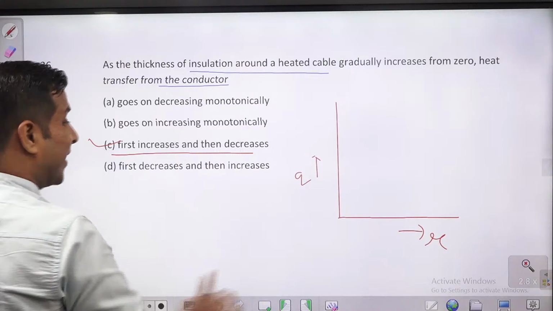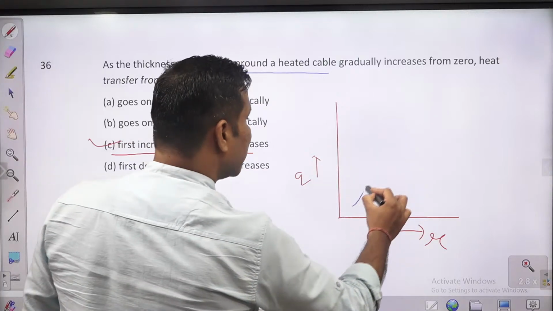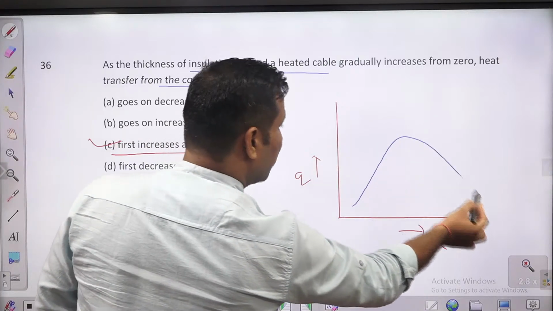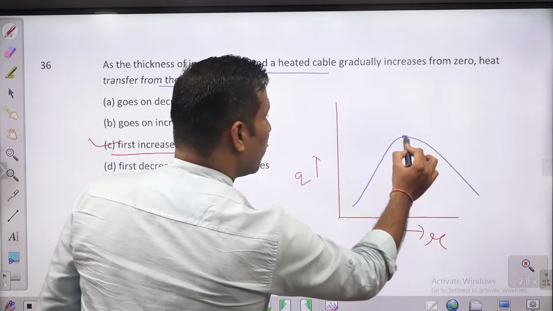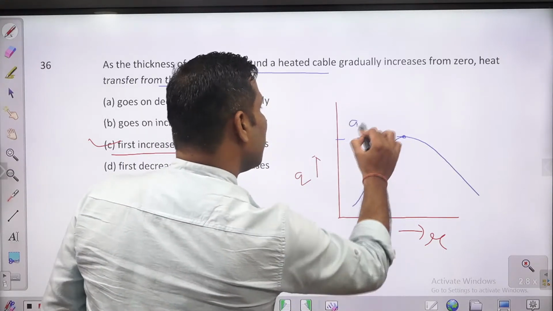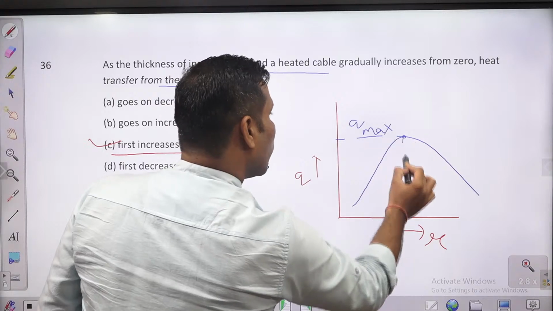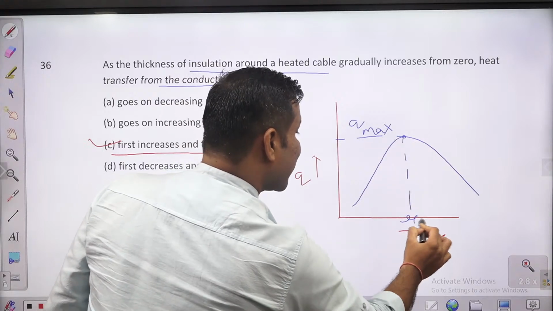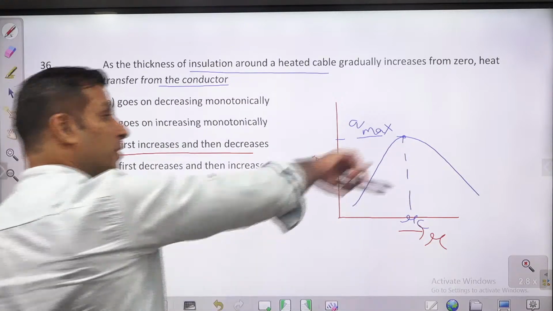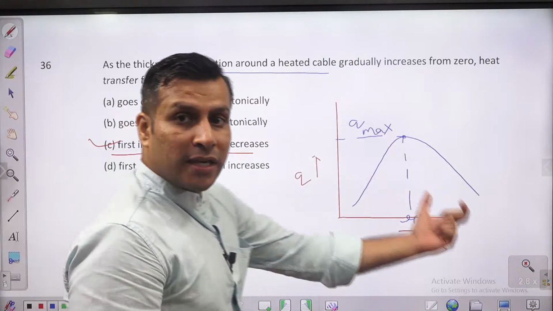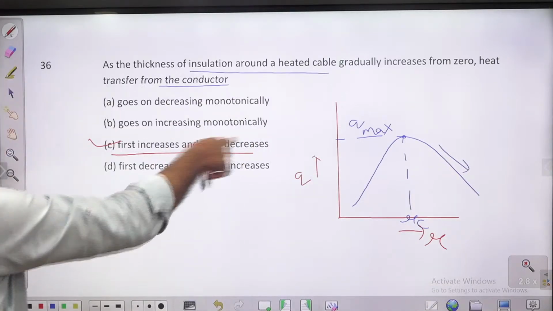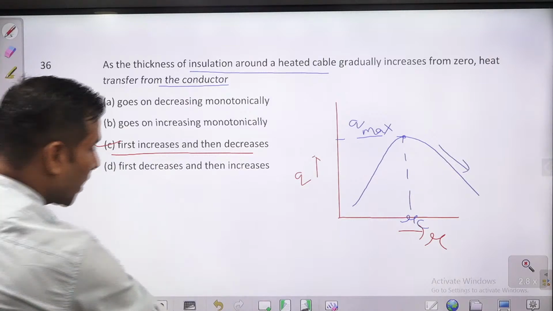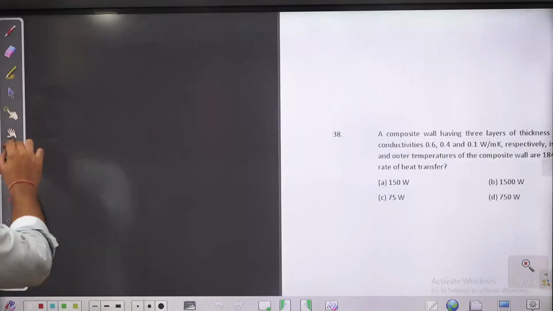First Q is going to increase and become maximum, and this maximum heat transfer occurs at a radius known as the critical radius. After increasing the radius beyond the critical radius, Q will start decreasing. So first it increases, then decreases. C is the right answer. 37.